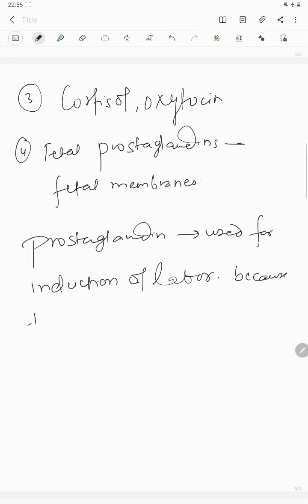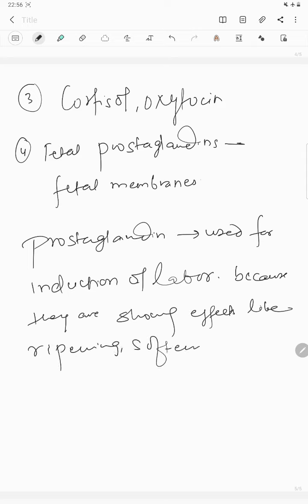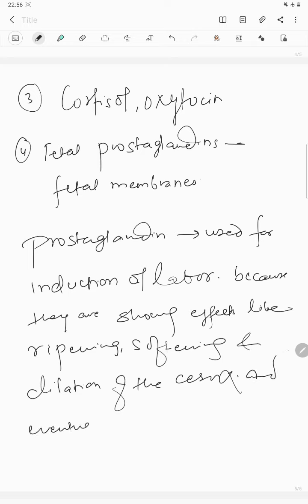because they are showing effects like ripening, softening, and dilation of the cervix, and eventually contractions.